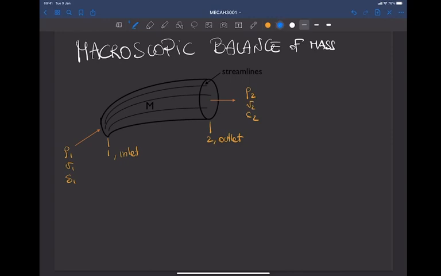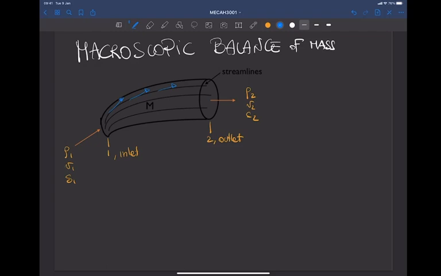Something interesting you see here, streamlines. What are streamlines? So these are family of curves which are instantaneously tangent to the velocity field, and so this will give you an idea of the direction of the flow from the inlet to the outlet.